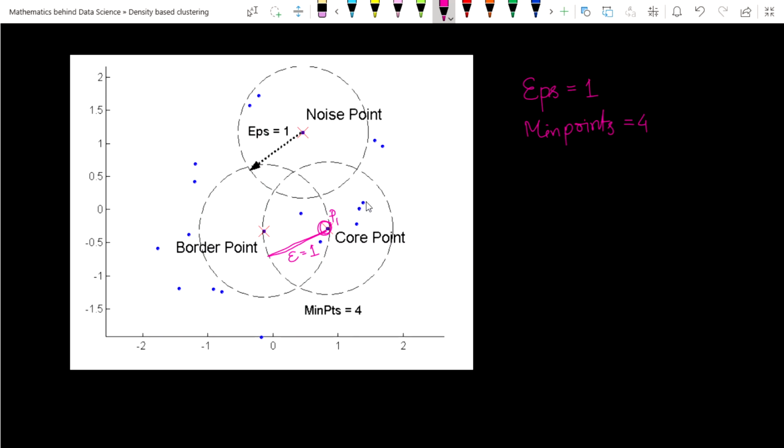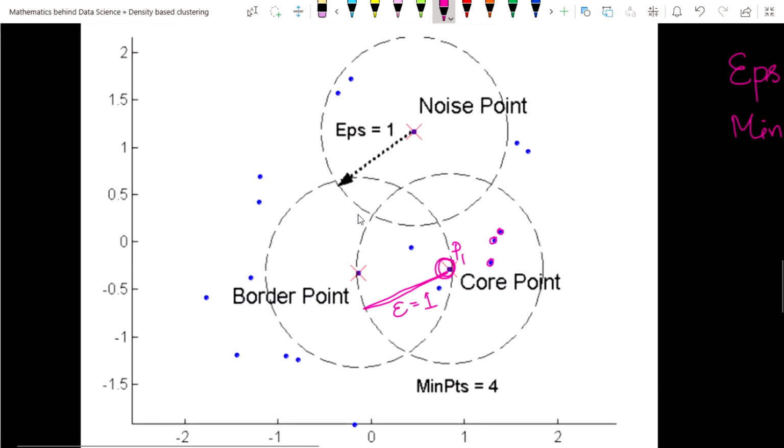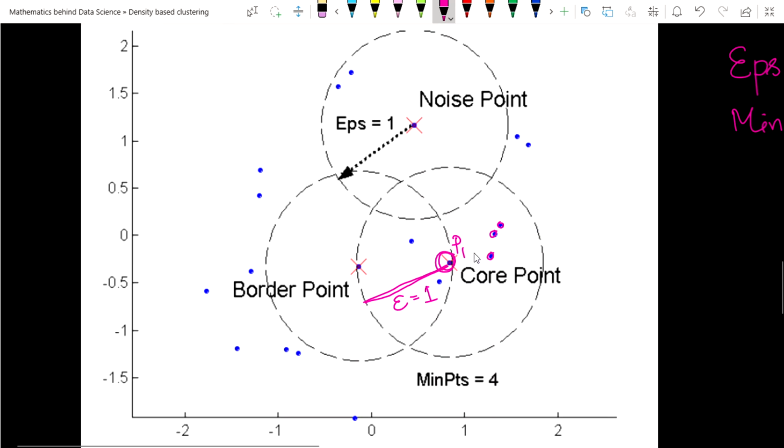We zoom in a little bit. 1, 2, 3, 4, 5, 6. I am talking about this pink region.